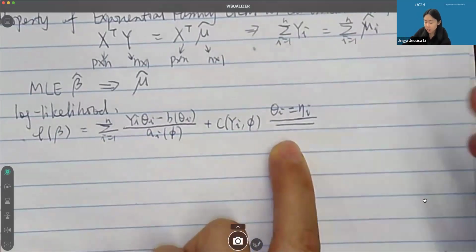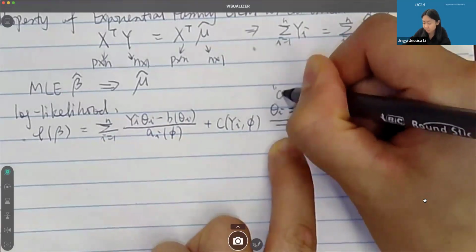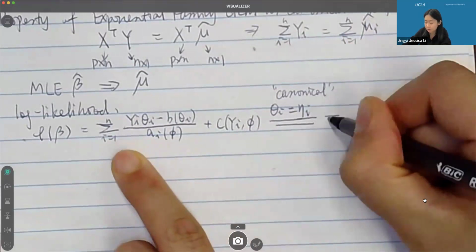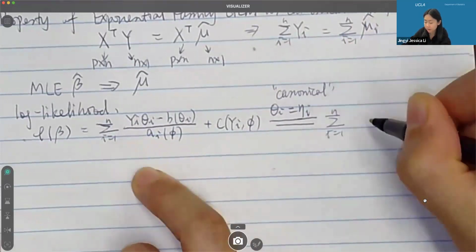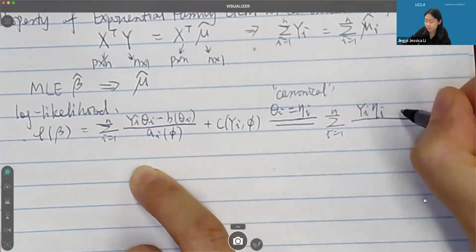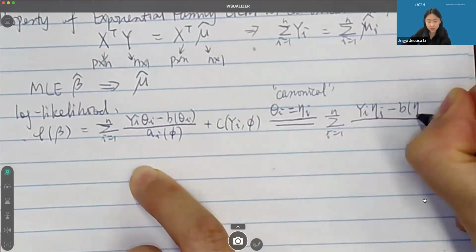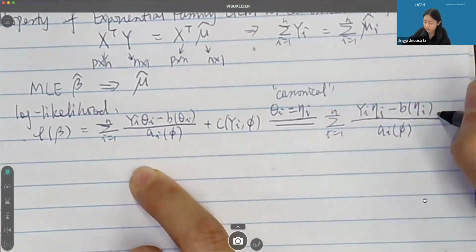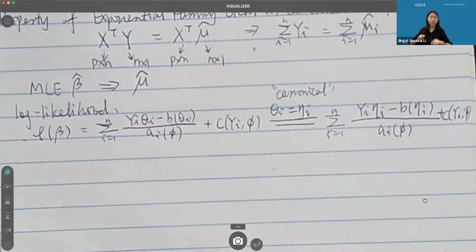Then with this canonical link, the log likelihood becomes the sum from i equals 1 to n of (yi eta i minus b eta i) over a i phi, plus c yi phi.